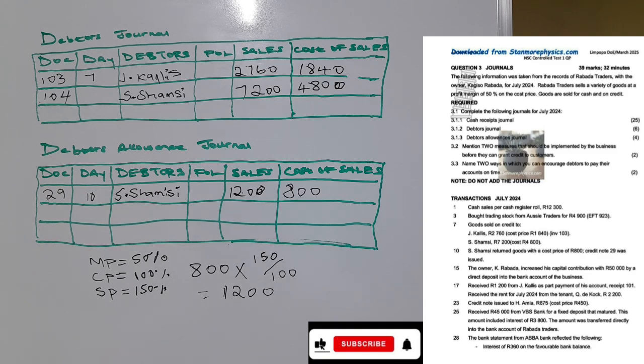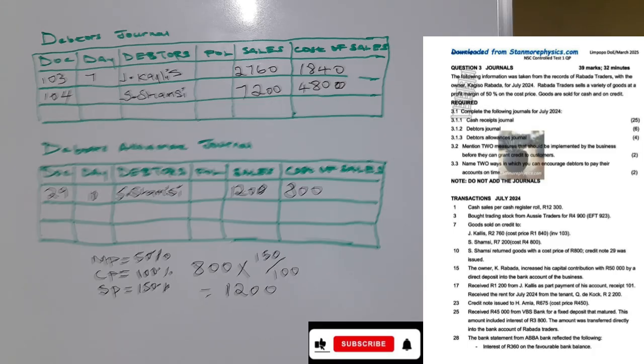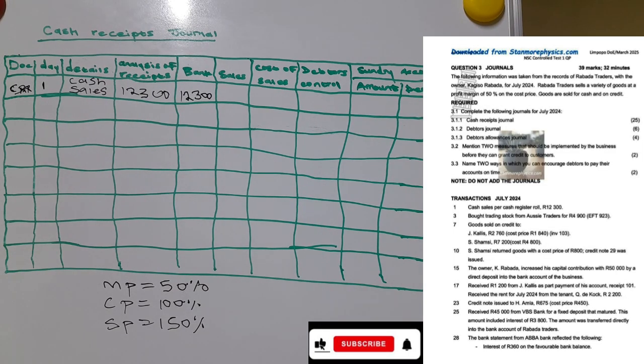Then we are done with this one. We go to the following one. The owner, K Rabada, increased his capital contribution with 50,000 by a direct deposit into the bank account of the business.